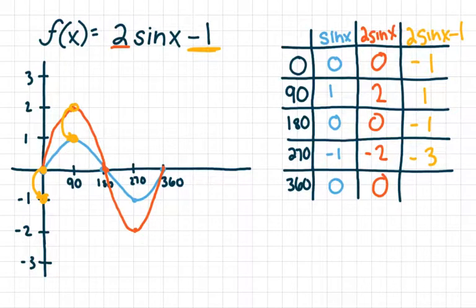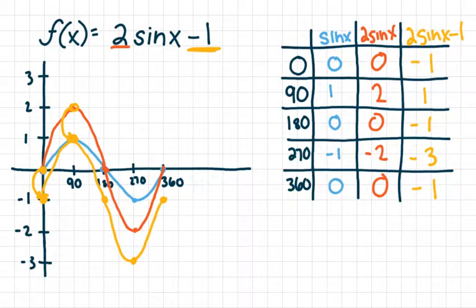And 360 now becomes a -1. If I plot the remaining points here of 180, -1, 270, -3, and 360, -1, I can see my completed sine curve function.